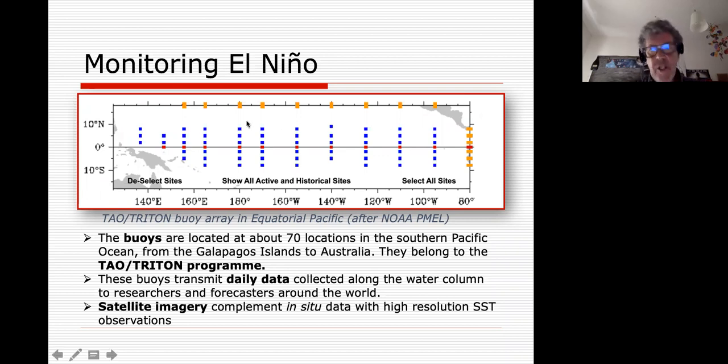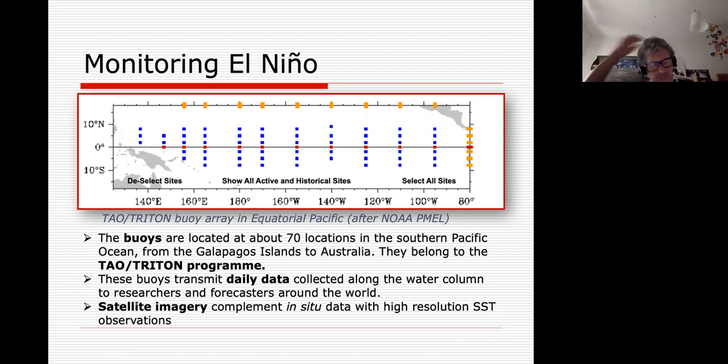And this is not the whole story, because we also have satellites that can give information, but satellites only see the surface, with high resolution. We complement the two in order to have a better picture of what happens in El Niño.